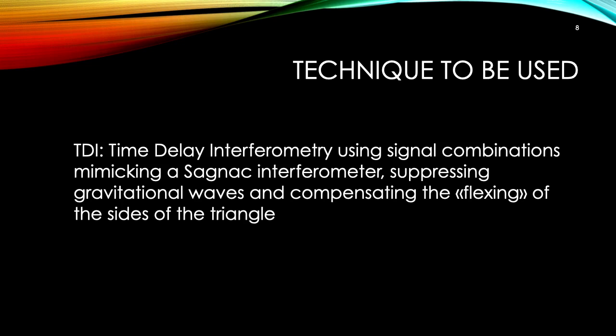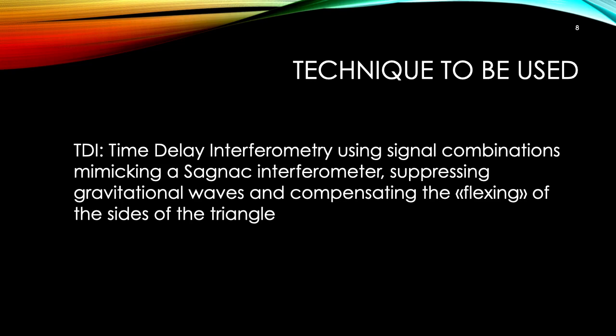But again, for calibration, you need to have something without this contribution. The TDI also serves to compensate for the fact that the triangle is not rigid. The distances are fluctuating. This is the flexing of the arms, and you have to compensate for it.